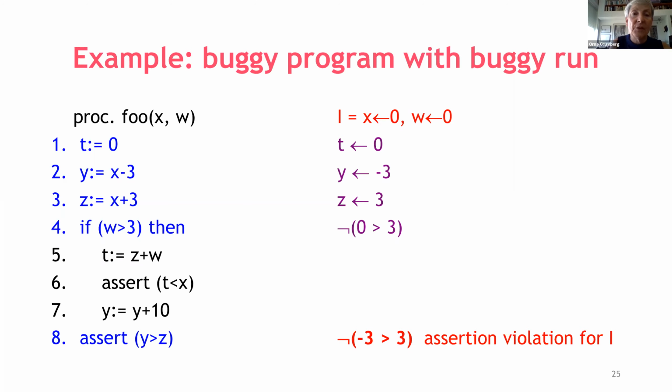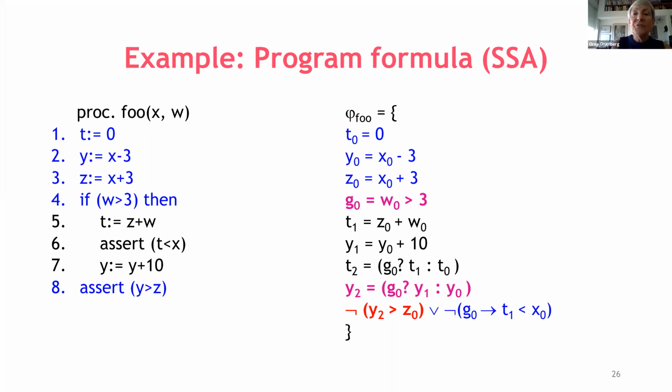So here is the buggy program, and we want to build a must fault localization for this bug specifically. The first thing that we do is to transform the program into a program formula in SSA, single static assignment form. And what's special about the single static assignment is that every occurrence of the variable gets a different index.